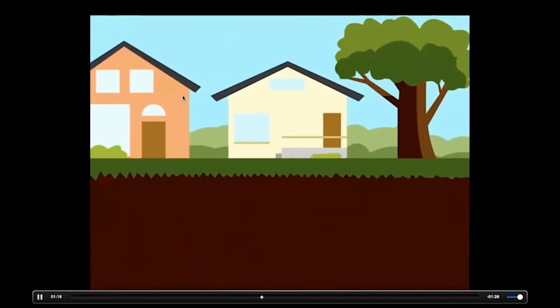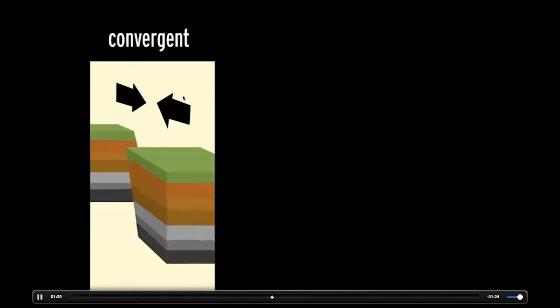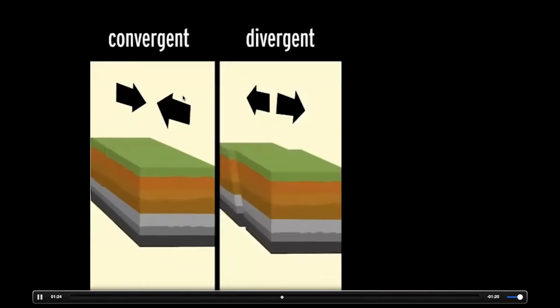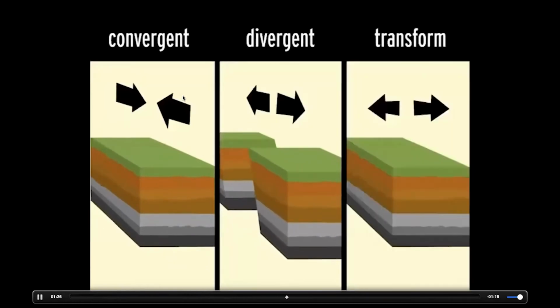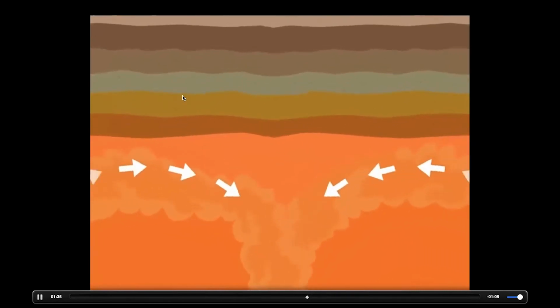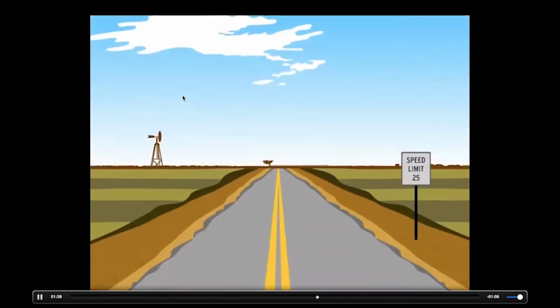Seismic activity is greatest along plate borders, at convergent boundaries where 2 plates collide, at divergent boundaries where they pull apart, and at transform boundaries where they slide past each other. At all 3 boundaries, there's enormous pressure on the Earth's crust. That's the topmost layer of the lithosphere. The pressure can build up for years.